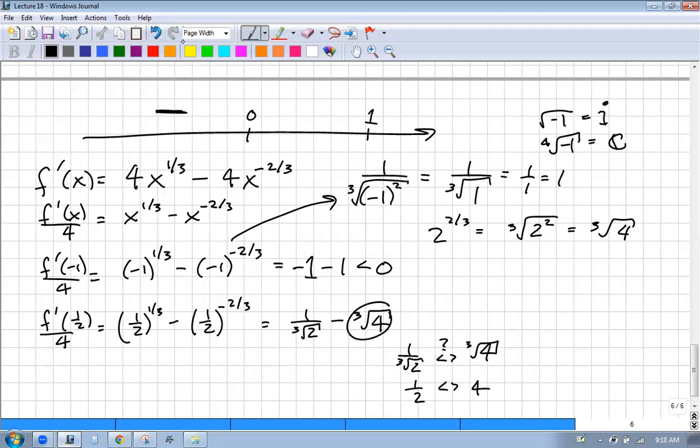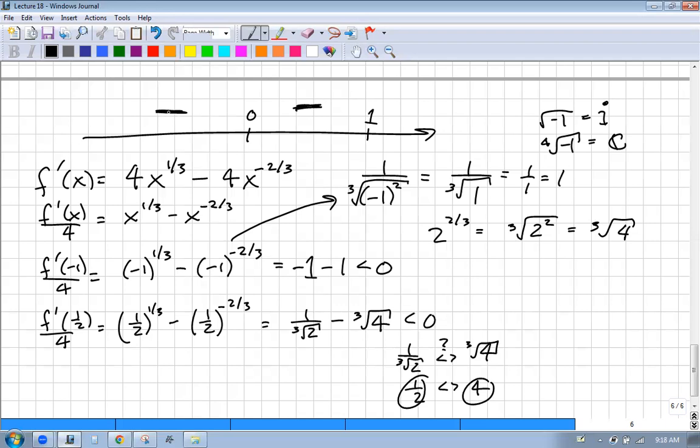If this one's bigger, then this thing is negative. Well, 4 is bigger than a half, so this is bigger than that. So I would make this thing negative. Does that make sense? All right, okay. So that means it's negative in here.